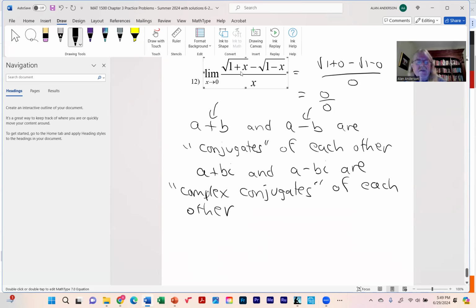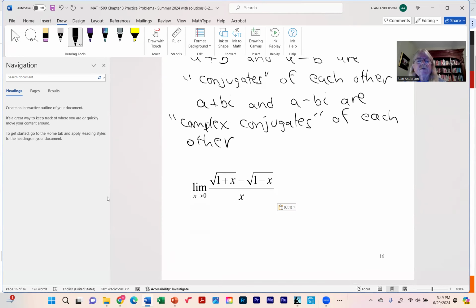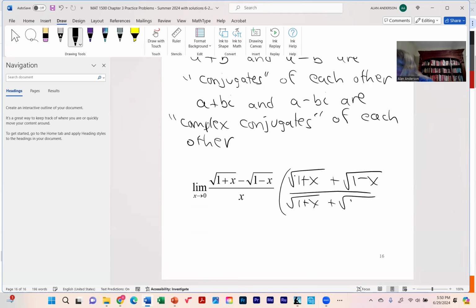So here's what we're going to do. I'm going to multiply this by 1, but it's a very complex form of 1. What I'm going to do is multiply the numerator and the denominator by the conjugate of this horribly complicated numerator, because I suspect that will make things easier for us.